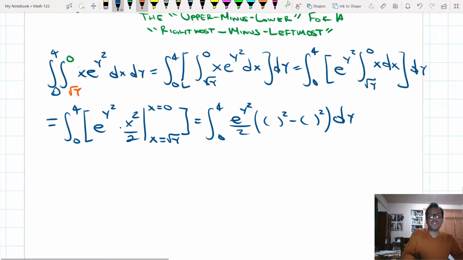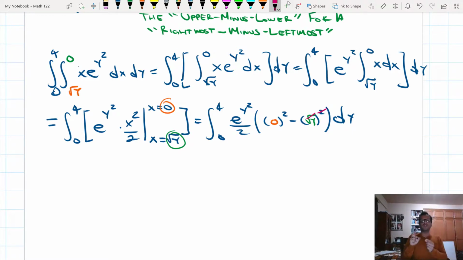The first quantity squared will be the upper limit, which in this case is 0, and then the lower limit, which in this case is the square root of y. Notice when we square the square root of y, the square root symbol cancels with the square power, because they're inverses of one another. And then we have 0 squared, which is just a 0.